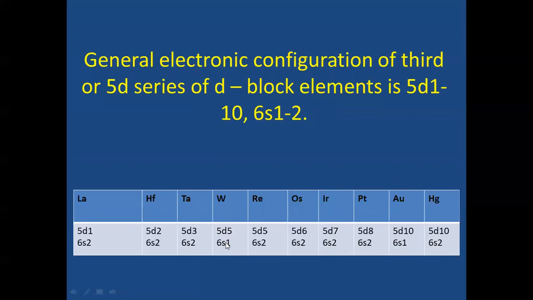We cannot write 6s2 5d4, it is against the rules. Because these elements are more stable, we have to write the stable electronic configuration for tungsten and for gold.